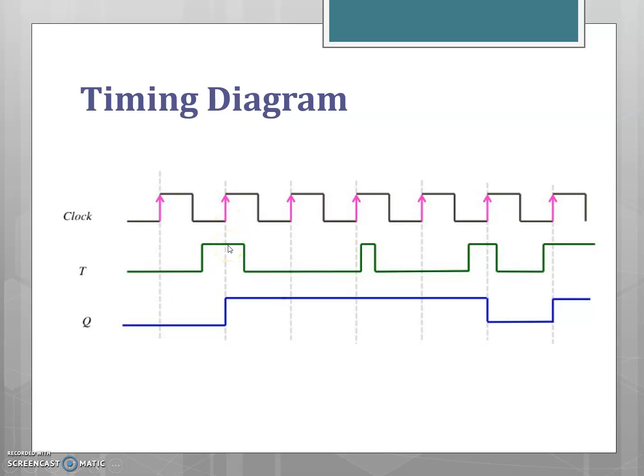With T equal to 1, the output Q is the complement of the previous value. So here in the second rising edge, the output previously was 0, so now it is equal to 1. And for the third rising edge, toggle T equal to 0, so it means there is no change. The previous value is retained. So this is the timing diagram for the T flip-flop.